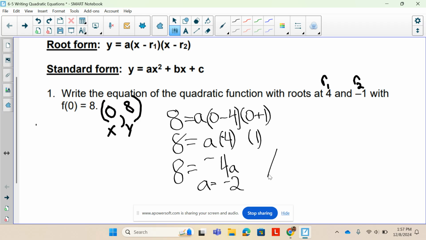So that will be y equals, a was -2, times (x minus 4), so x minus 4, then that is times (x plus 1).